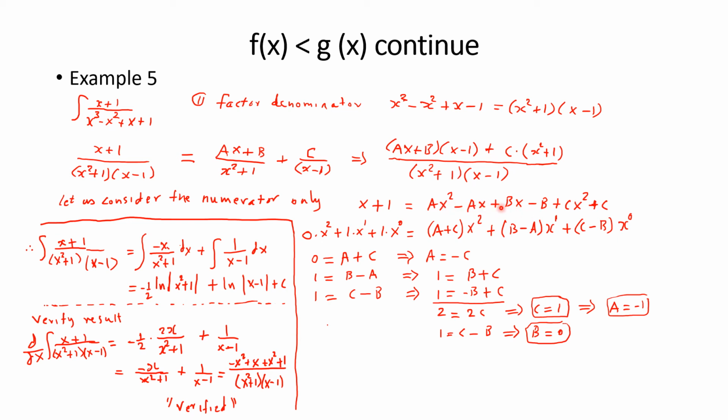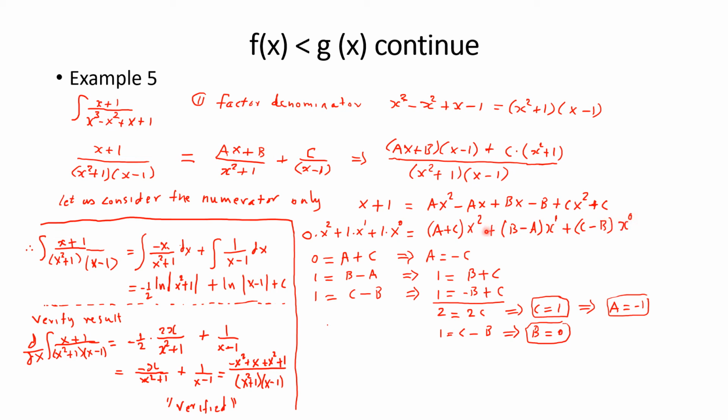This is x squared, this is x squared, so it is a plus c multiplied by x squared, plus the values that are multiplied by x only. So a is multiplied by x but is negative, b is multiplied by x which is positive, so we put b minus a multiplied by x to the power 1, plus the term that is constant, free of x. We have c and we have negative b, so it's going to be c minus b multiplied by x to the power 0.